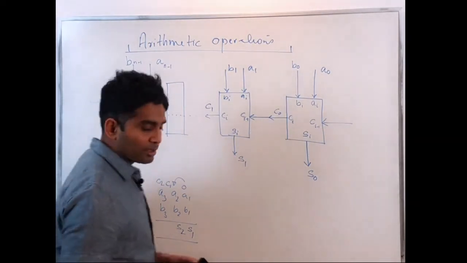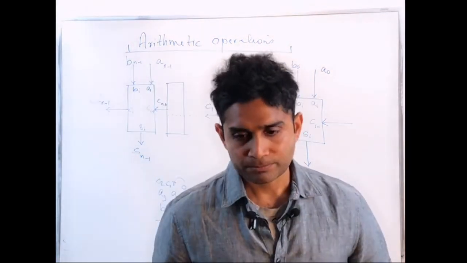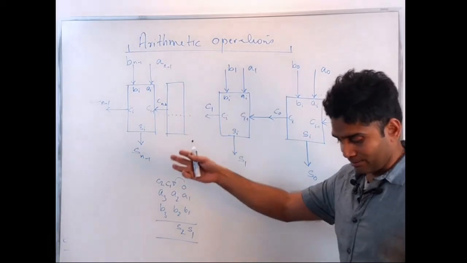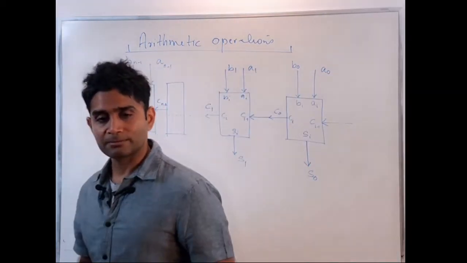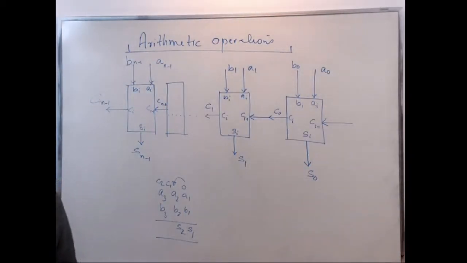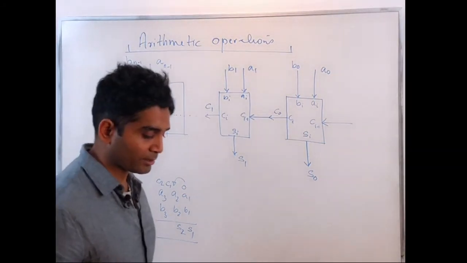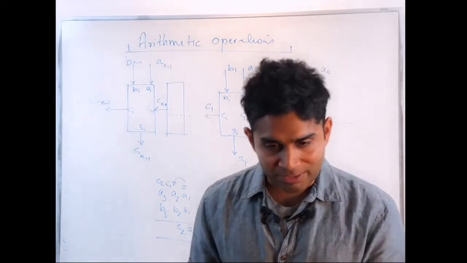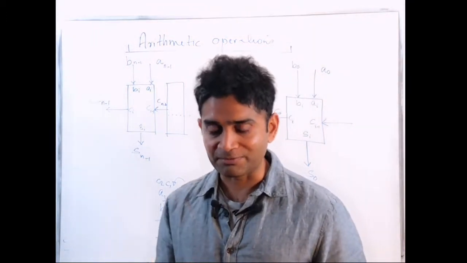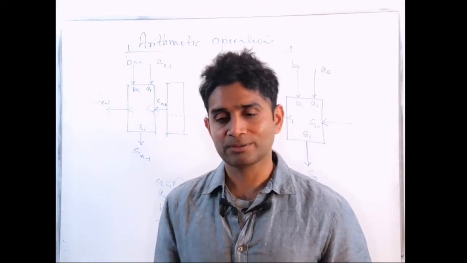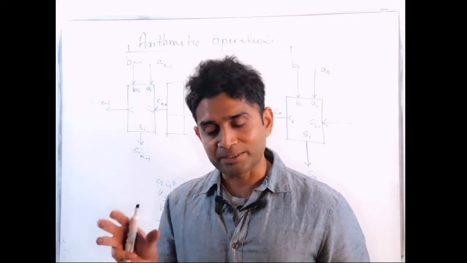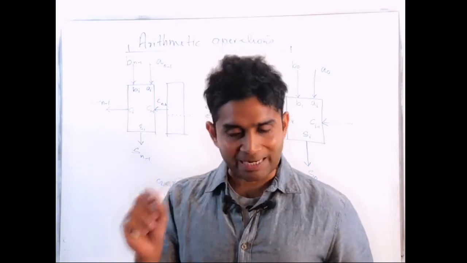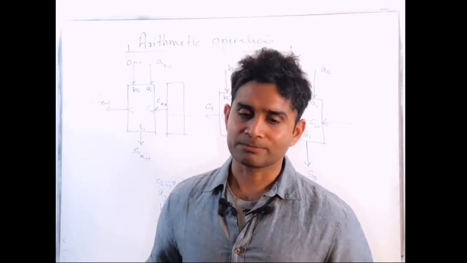So now, using this modular approach, I'm able to build an n-bit adder circuit seamlessly. I don't have to go with the K-maps to design an n-bit adder from scratch. Now I'm working with discrete modules, putting them together as a cascade of those modules, making the right interconnections, and getting the sum out.